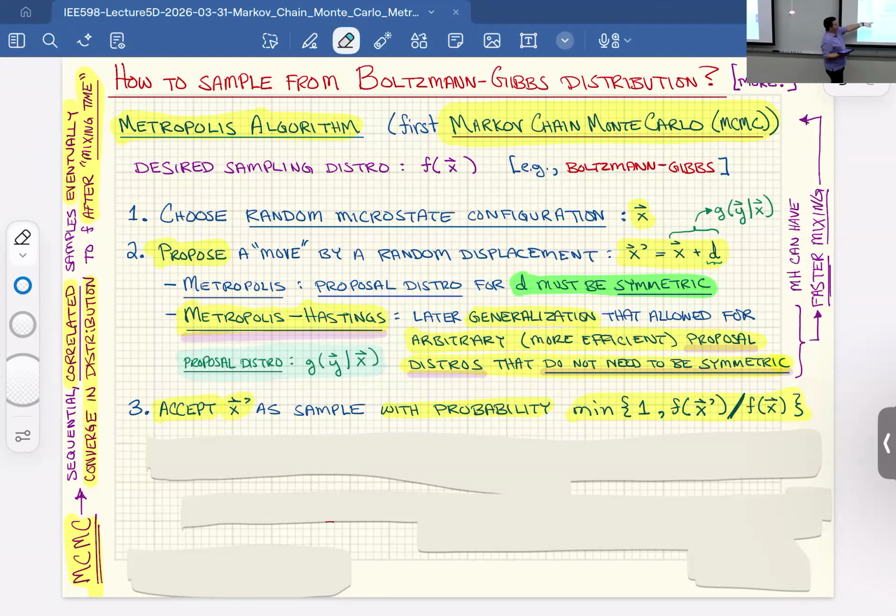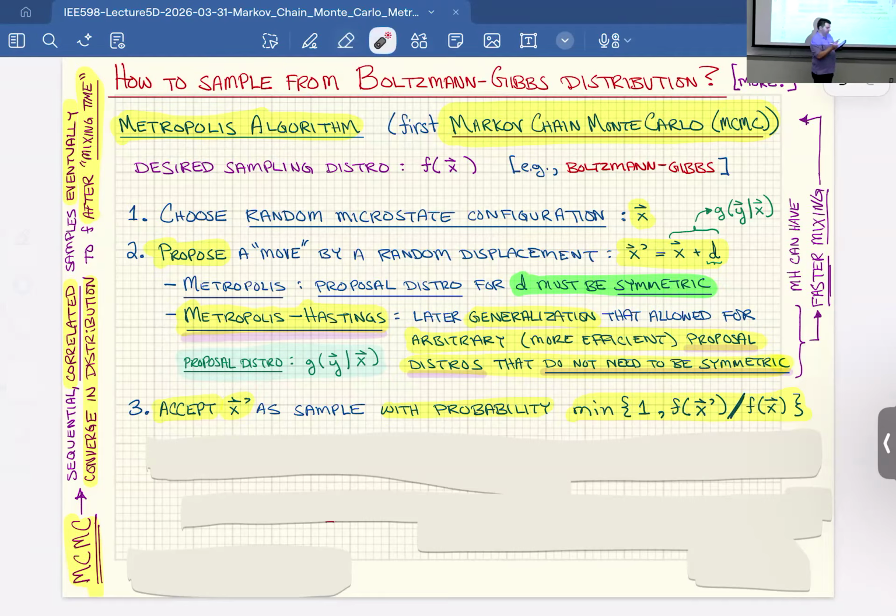So accept x prime, our new sample, with probability given by this minimum, which basically says calculate this likelihood ratio, where it's the density you want. So this would be the Boltzmann distribution evaluated at x prime divided by the Boltzmann distribution evaluated at x.